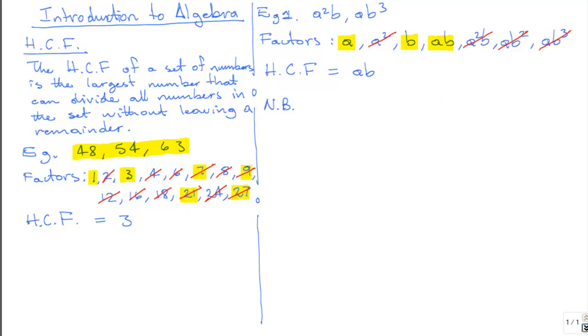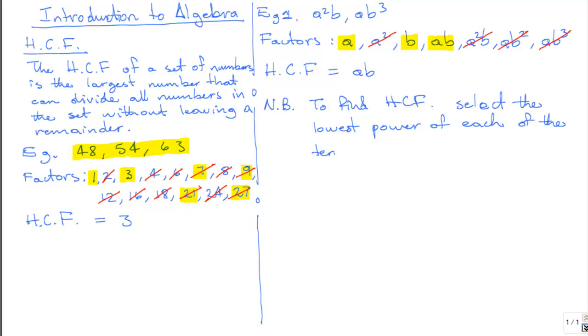To find the highest common factor, select the lowest power of each of the terms that is common to all the expressions.